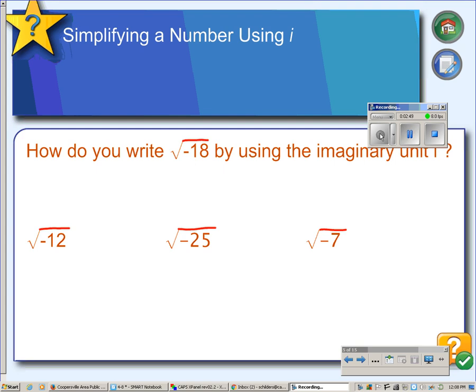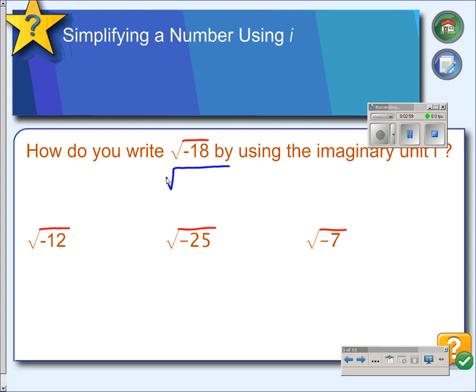So here are some examples of square roots of negative numbers that we can simplify. To simplify something like the square root of negative 18, you rewrite it as negative 9 times 2. The square root of negative 9 is 3i. But 2 is not a perfect square, so it's going to stay in the radical.